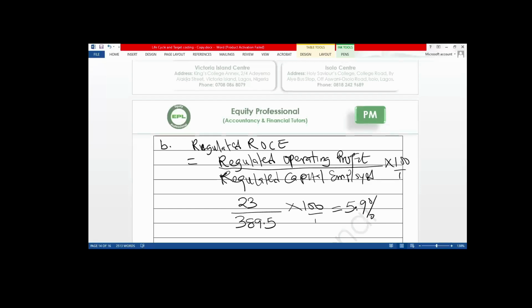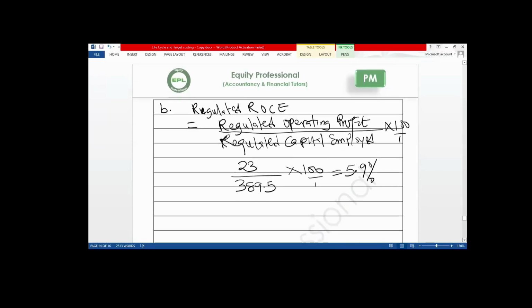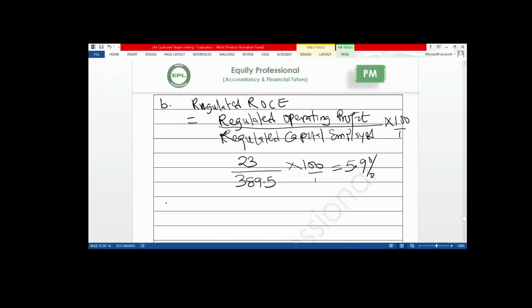Is the company meeting its regulatory targets? The regulatory target is 6%. Look at it, it's in the question. Regulatory return on capital employed target is equal to 6%.